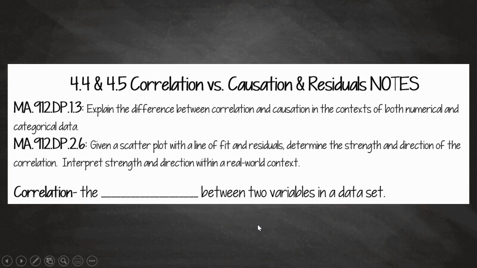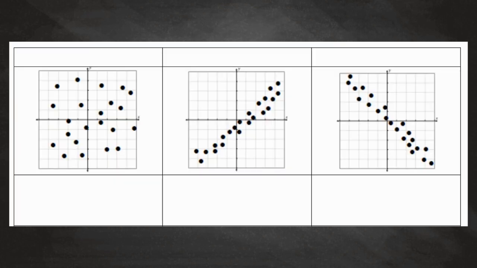So what is correlation? Correlation is just the relationship between two variables in a data set. If these are the scatter plots I'm looking at, there are some relationships or non-relationships here. This first scatter plot is no correlation.